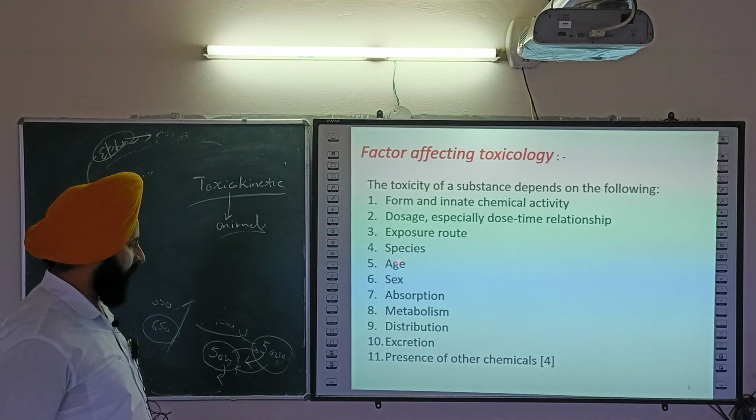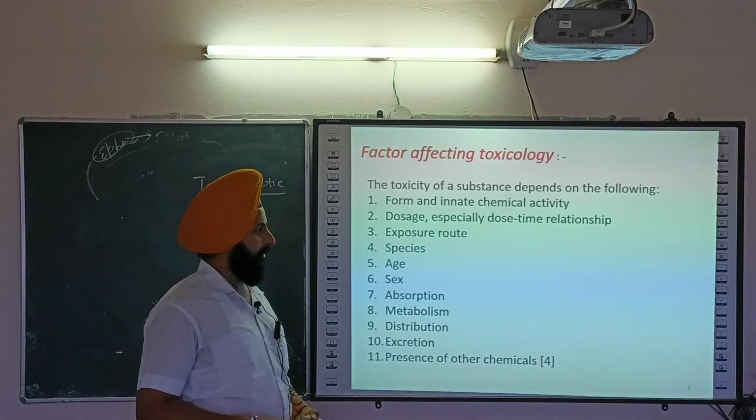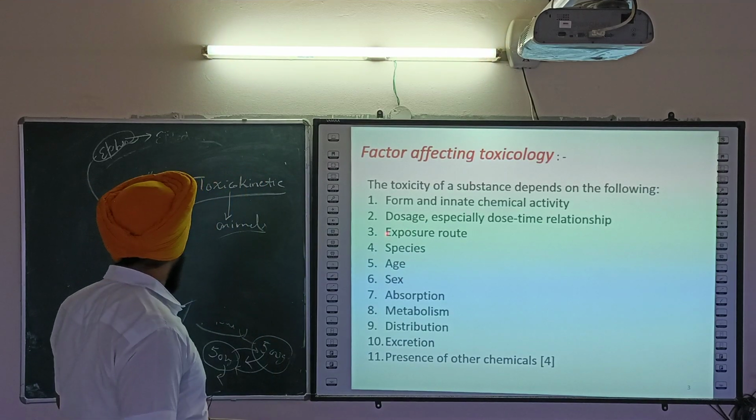The next is age, because age also affects the drug effect in the body.